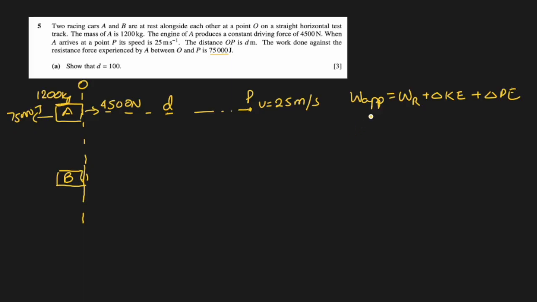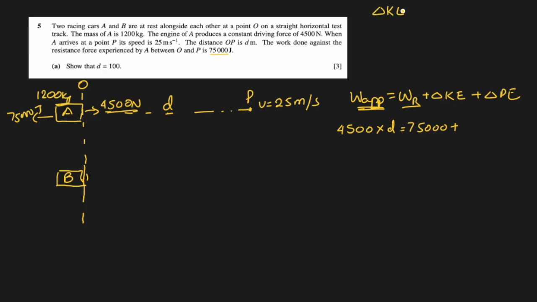Work done by applied force. We know the force here, 4500. So 4500 force times distance d, this distance it traveled, right? That is the total work done by applied force. Work done against resistive force is 75,000 joules. The difference in kinetic energy, let me do it here.